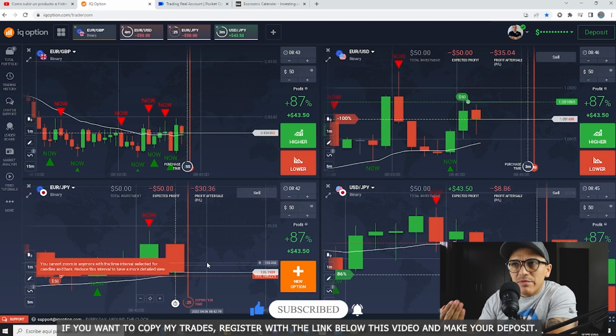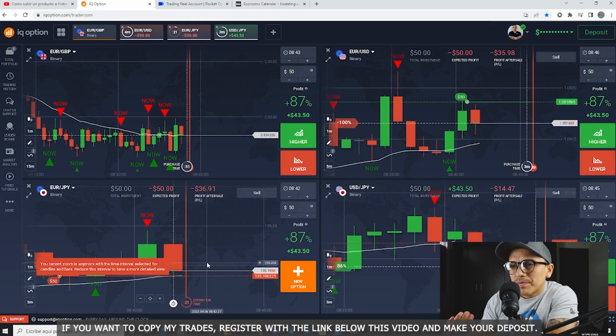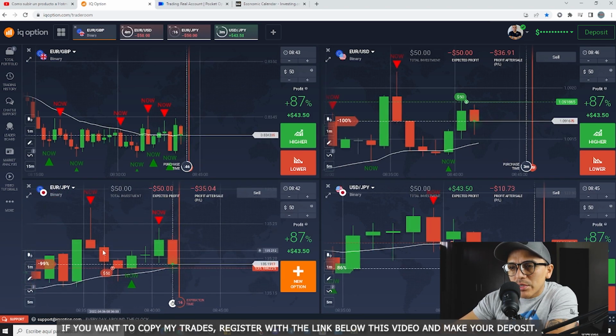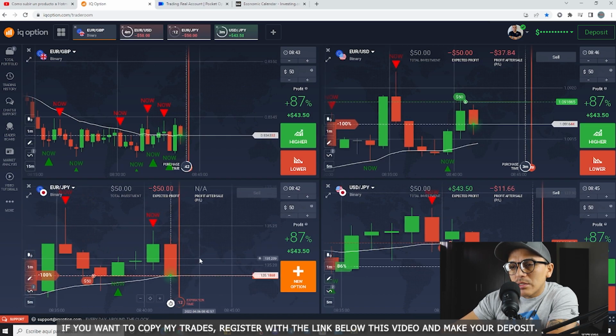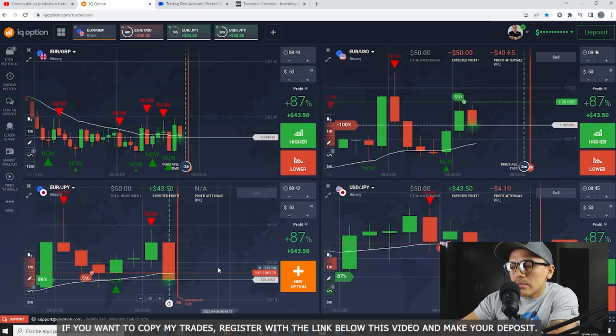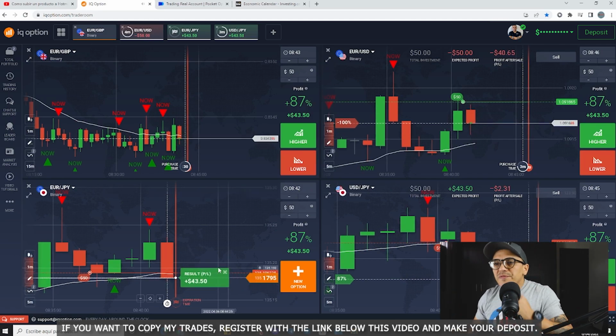Come on, come on. I have the last one. I just lost it by 1 pip. And it sends me the signal again. See? Trade for a put. But I'm just going to wait to see how this last signal ends. One. Okay, perfect.